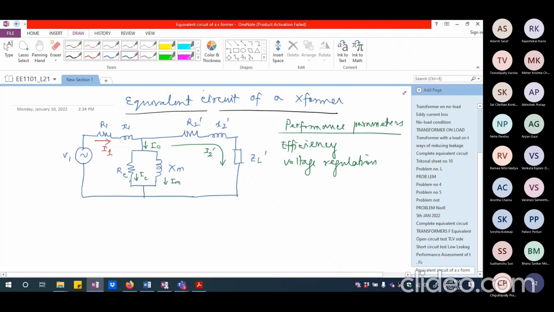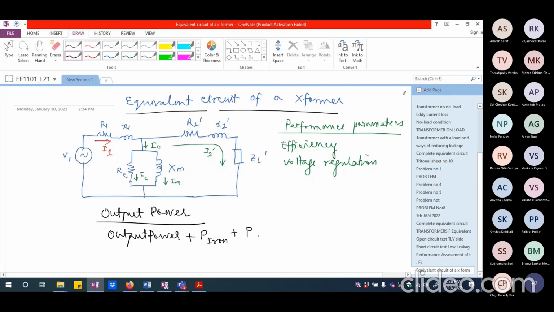So if we have to talk about efficiency, first of all, we have to say whatever is my output power divided by output power plus losses. And there are mainly two kinds of losses in a transformer. One is iron loss, let me call that P iron.